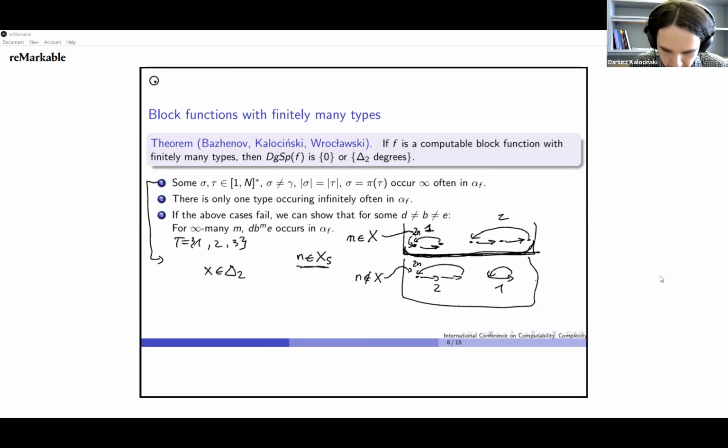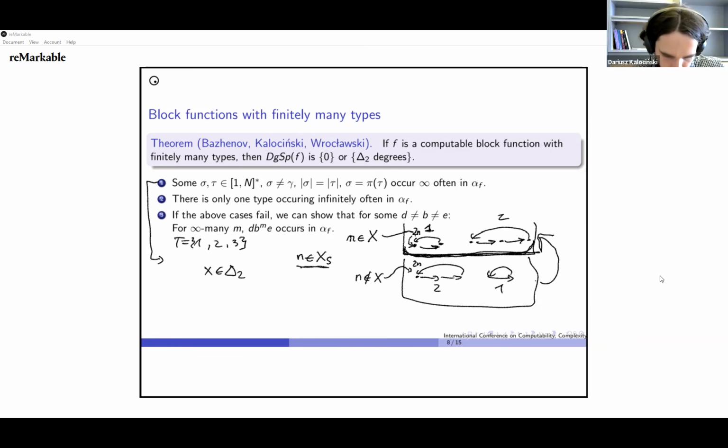Again, if another change occurs, then we switch this, because this structure appears infinitely often, and we are able to push and encode this information. And eventually, by looking at the type of thing that 2n occupies, we're able to recover the information about x.